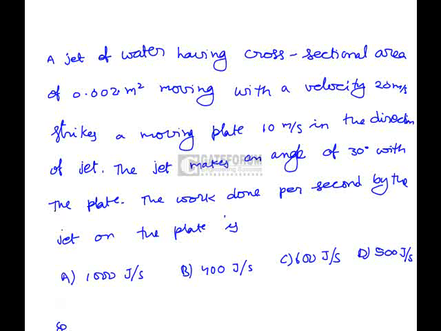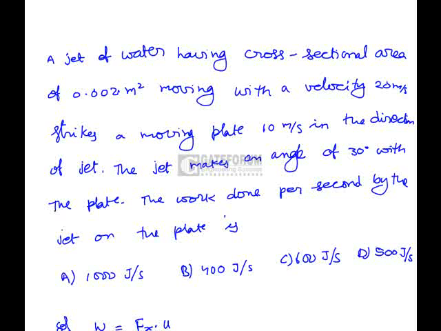So here the work done by the jet is nothing but the force exerted by the jet in the direction of the jet, or in x direction, into the velocity of the plate. And here Fx is nothing but Fn sin theta into u, where Fn is equal to rho a (v minus u) whole square sin theta into u.